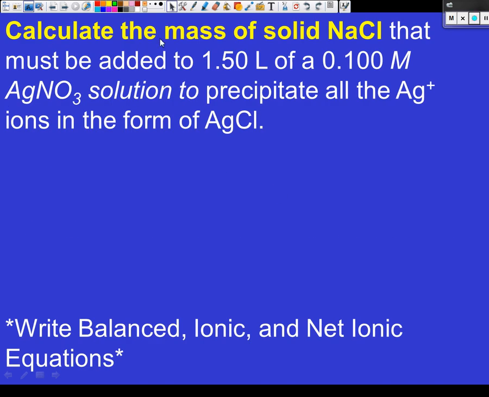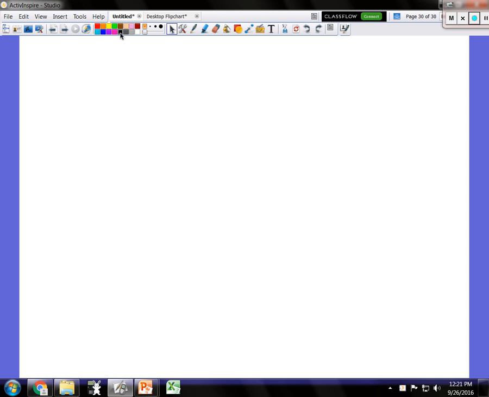Calculate the mass of solid NaCl that must be added to 1 liter of a 0.1 molar AgNO3 solution to precipitate all of the silver ions to form AgCl. So here's what we're going to do. Help me read that again. So I've got a beaker, and in this beaker, how much is in there?